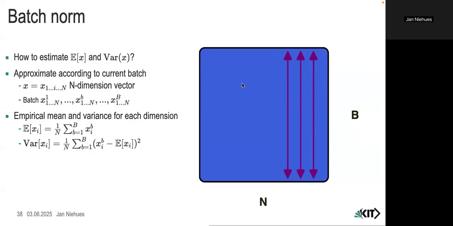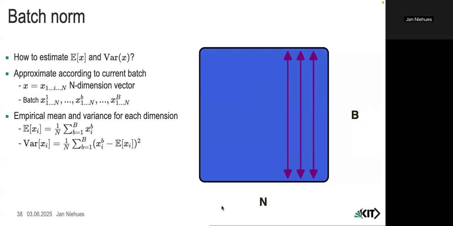If we take the last one and sum them up, that's the expectation value, the average value we have in the current batch. Similarly, we can calculate the variance with the formula of the variance. We do that for all the different neurons in our layer, so in the current batch we get the expectation value for the first neuron, for the last one, the second last, the third last, and so on.